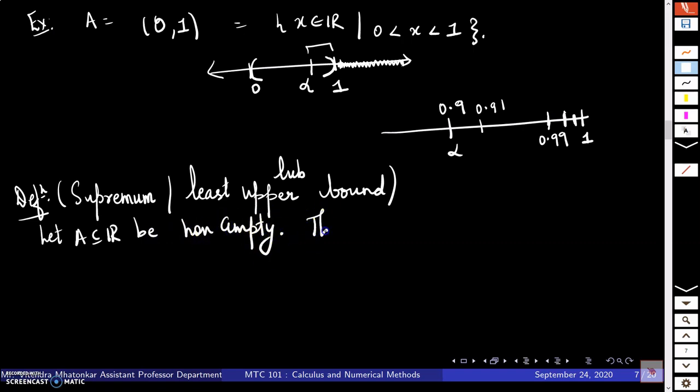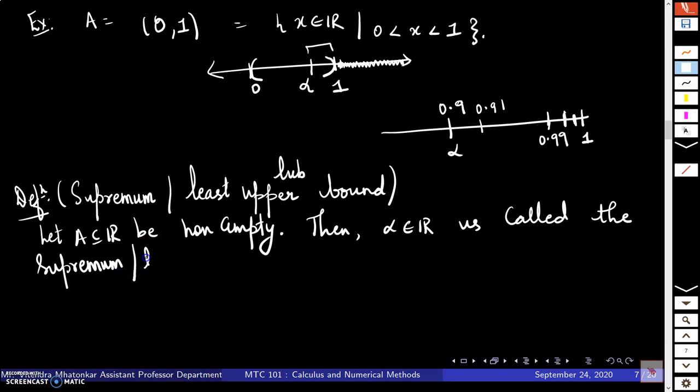Then a real number alpha is called the supremum, or another word is least upper bound, of A if the following conditions are true.